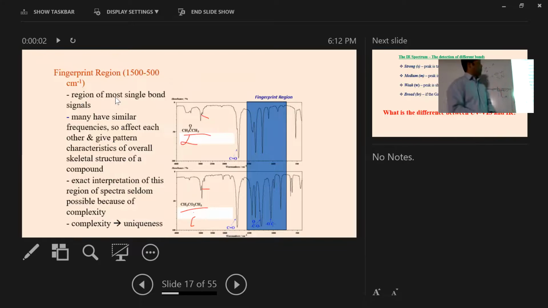Here, if you consider this, what is this? This is transmittance. How much light is transmitted? So this is our absorbance, how much it is absorbing. Therefore, the opposite of the absorbance is the transmittance.